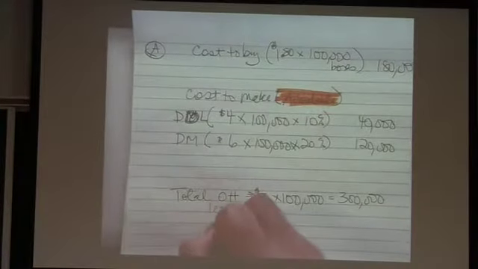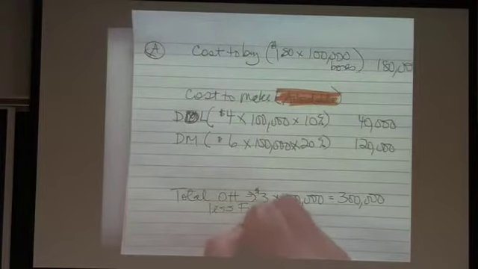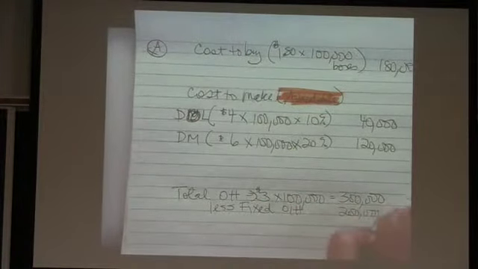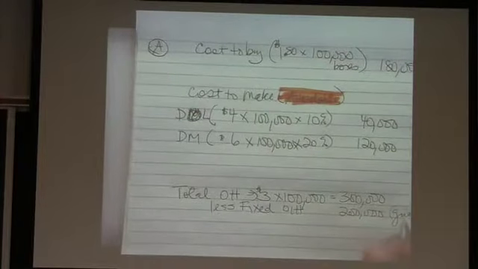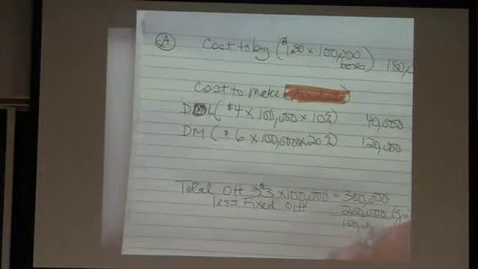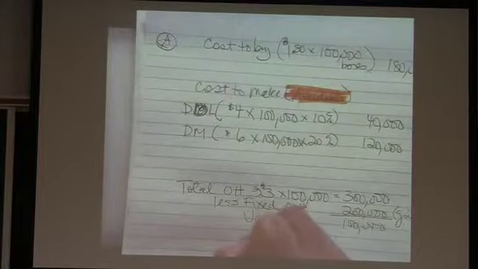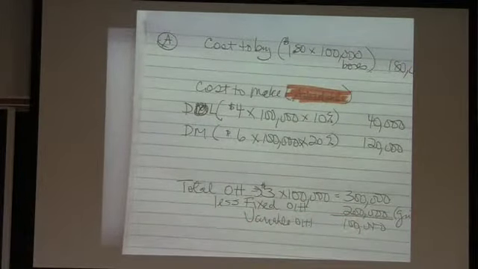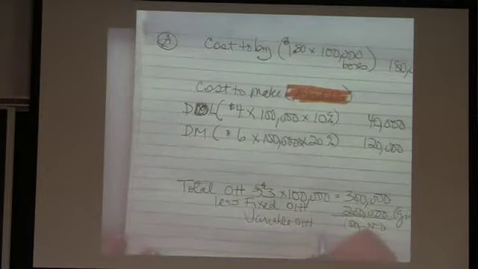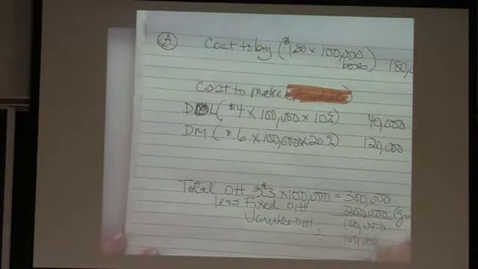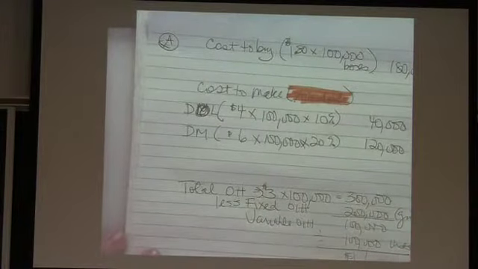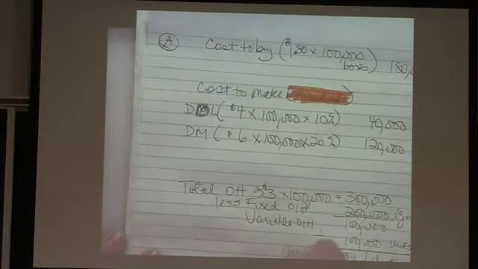So less fixed overhead cost of $200,000, that's given, the $100,000 must represent variable. And of course, divide this by 100,000 units to give us $1 per unit for variable overhead.